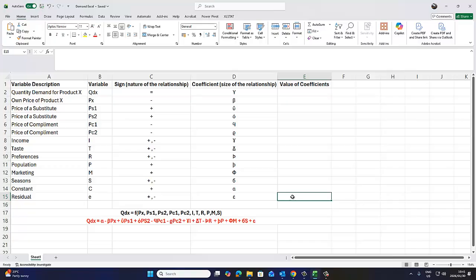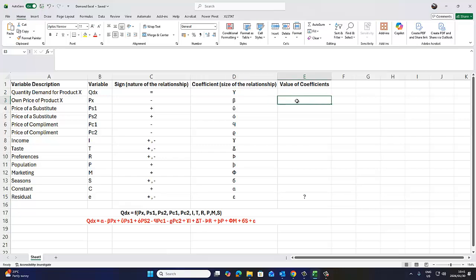So when we have the actual demand and we have the model demand, the difference between the two will be our error term. So this is unknown. Let's leave it there. We don't know what it is. Therefore, we now can calculate the quantity demanded if we know what own product is.